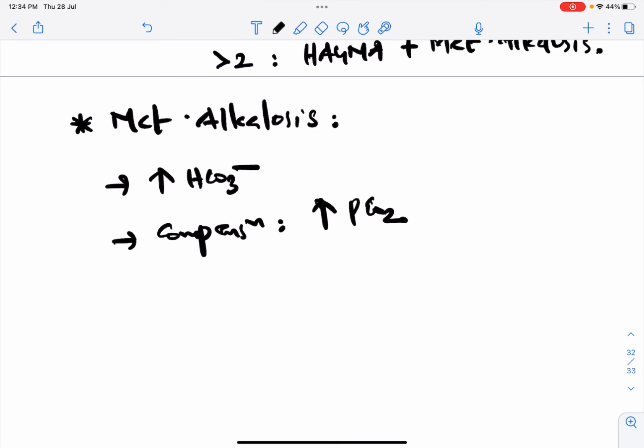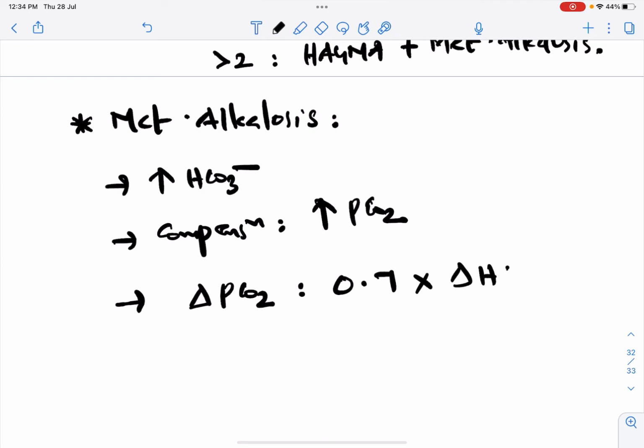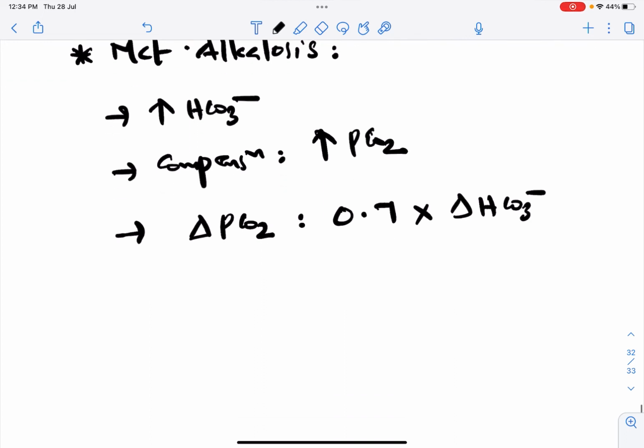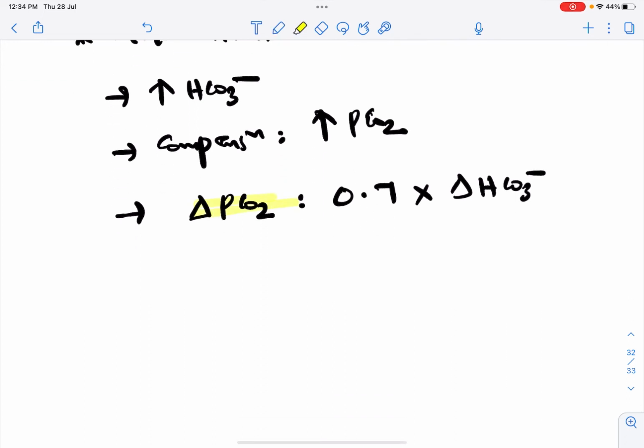So the formula we use is delta PCO2, that is change in PCO2, is equal to 0.7 into delta bicarbonate. Kindly make a note, it is not PCO2, it is change in PCO2, and it is not bicarbonate, it is change in bicarbonate. Okay, so we will do an example. So this is the formula.